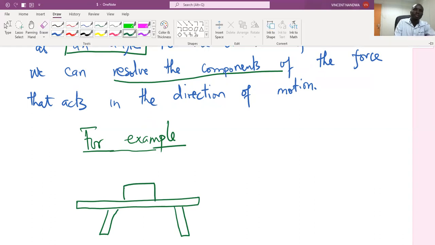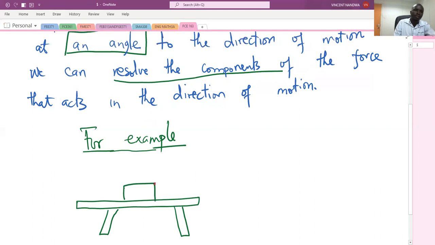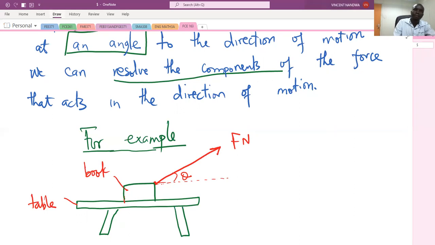And then we have a force at this point A, F newtons acting at an angle theta to this book. So in this situation, the book is modeled as a particle. So we can resolve the forces acting on this book.